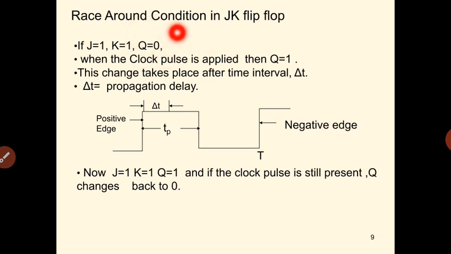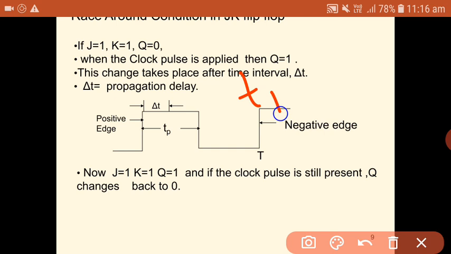Race around condition will be occurring in JK flip flop for the J is equal to 1 and K is equal to 1 combination. Whenever the J is equal to 1 and K is equal to 1 combination is applied as input to the JK flip flop, race around condition occurs if delta t is less than Tp, or if Tp is greater than delta t.